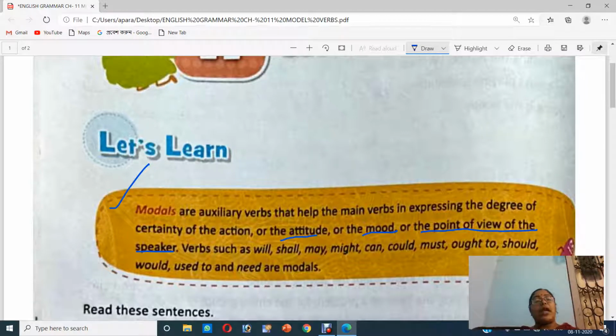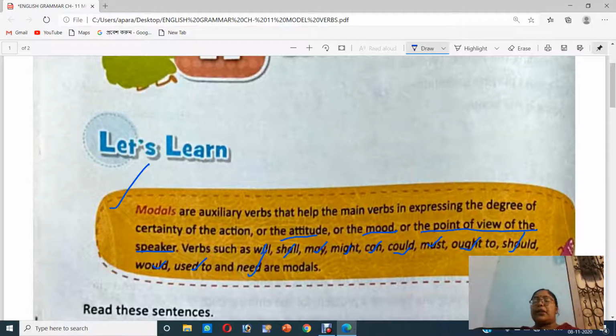The next is what we learn here, the different kinds of modals. What are those? Will, shall, may, might, can, could, must, ought to, should, would, used to, and need.